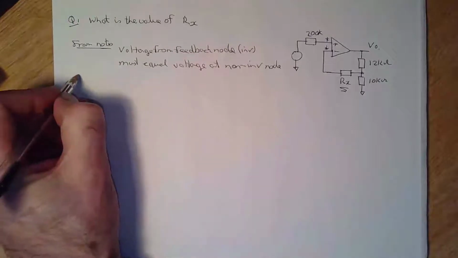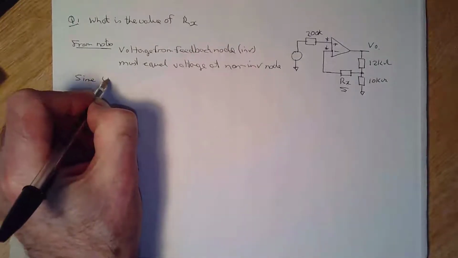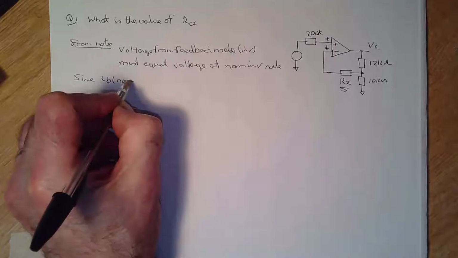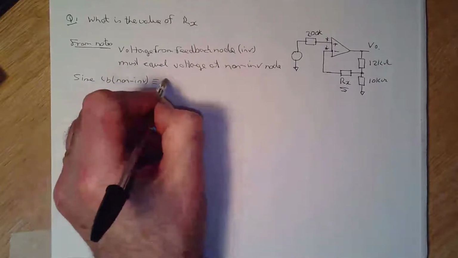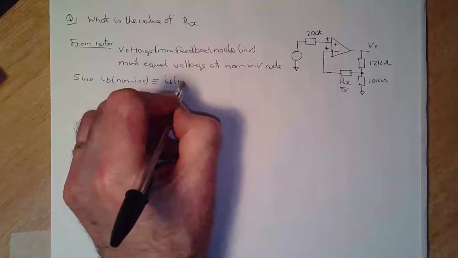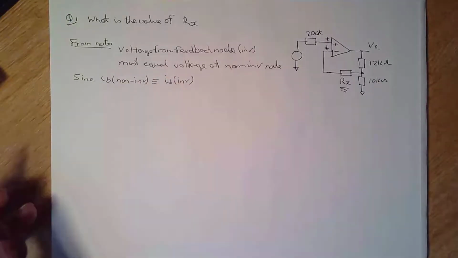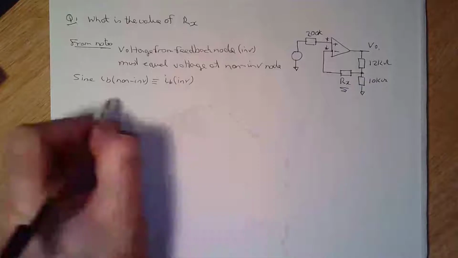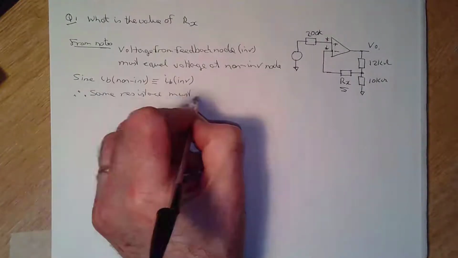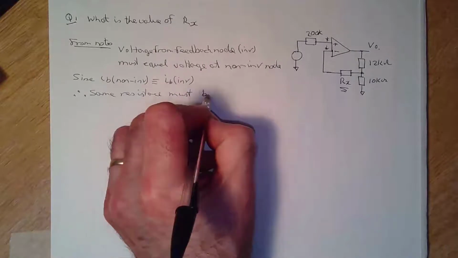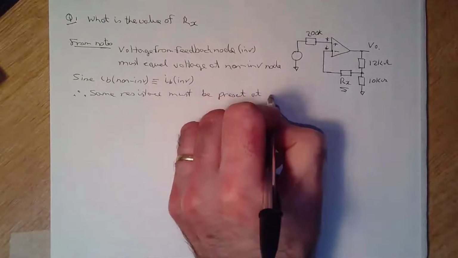Since IB non-inverting must equal IB inverting, because we're not talking about offset currents here at all, the same resistance must be present at both nodes.